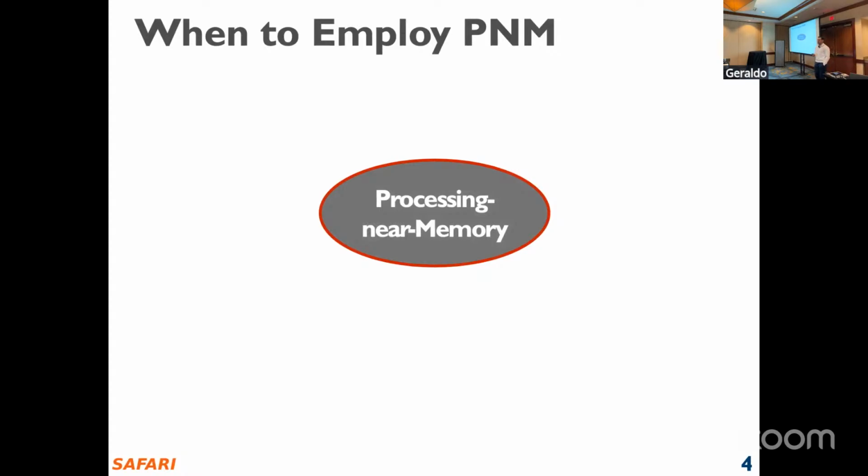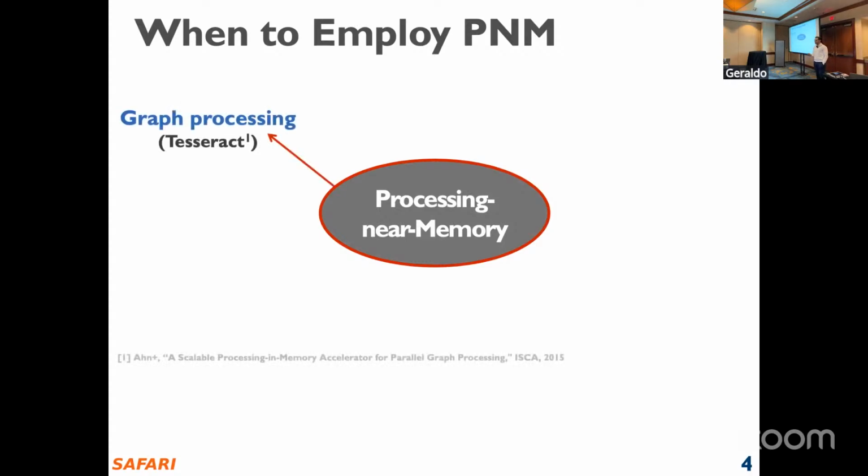And the first question that you might ask is when we can employ this type of architecture, right? Application-wise, there is much research that I'm going to show in this slide. Honor already mentioned it in his slides as well. Basically, whatever application that you have with memory bottlenecks, you can design a processing near memory architecture around it to alleviate those data movement bottlenecks. And where do you find data movement bottlenecks in applications?